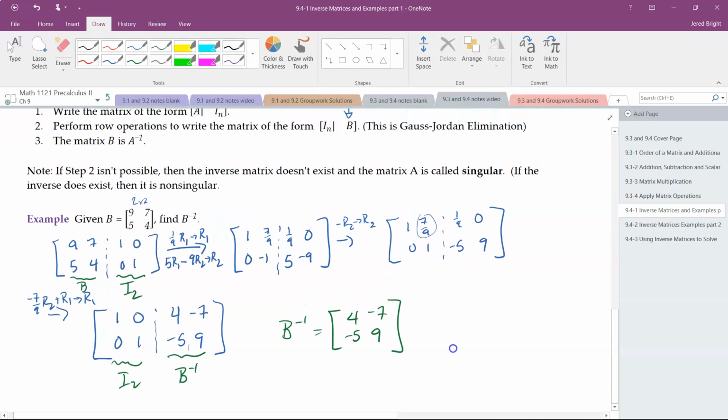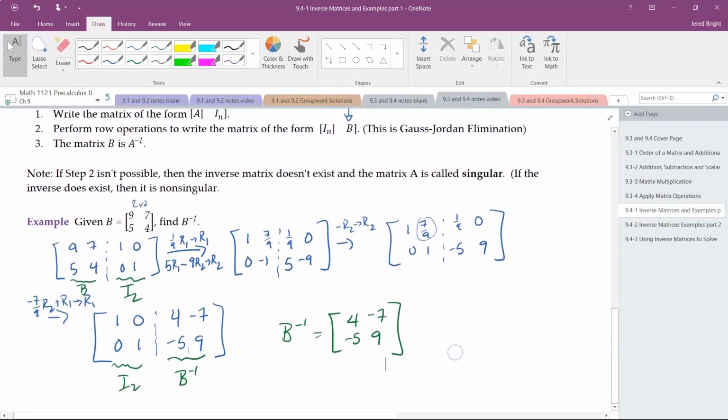If in the event you're doing the row operations and something doesn't work out, like the identity doesn't pop out, or you get a row of all zeros, then we would call the matrix singular, meaning that the inverse doesn't exist. If it does exist, we would say it's non-singular. So for our example, matrix B is non-singular.